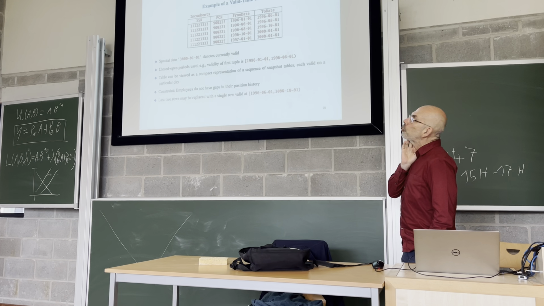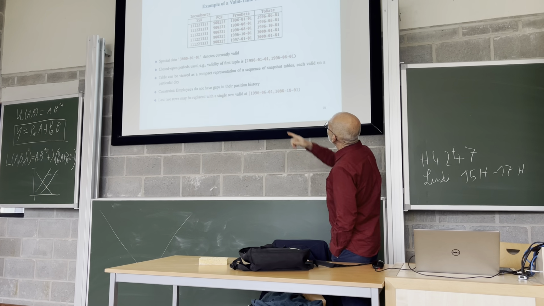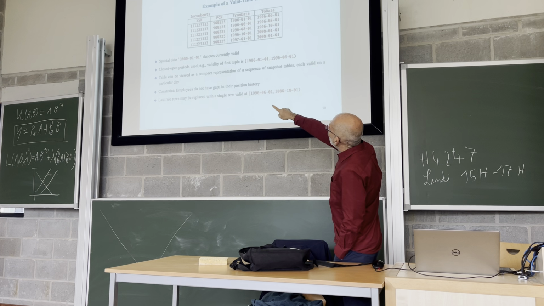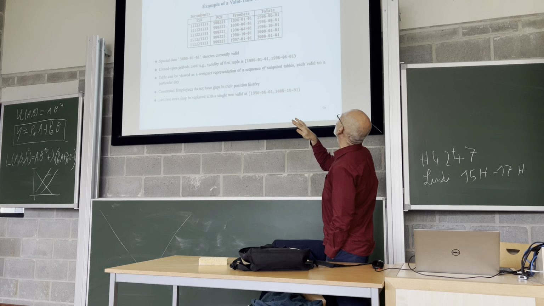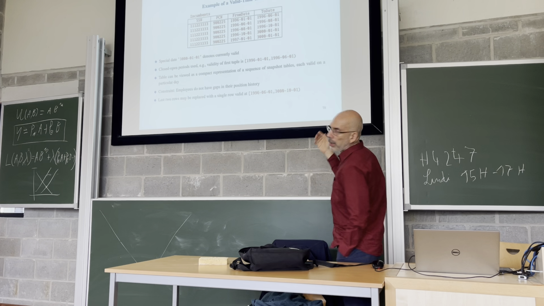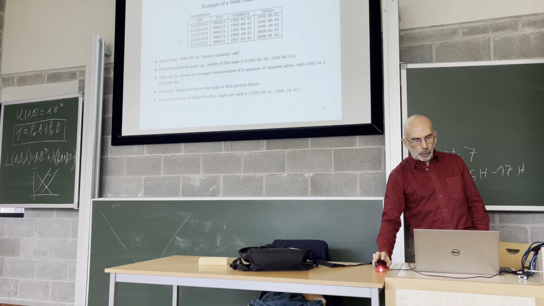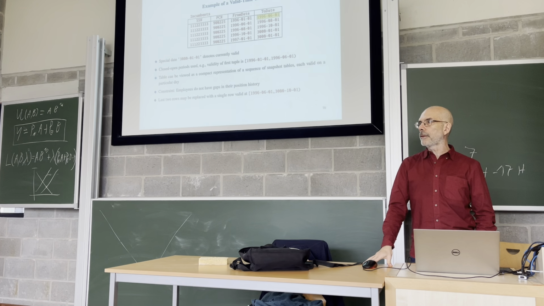Is this what we want? Let's try to analyze. First of all, look at this, that we use closed-open periods, so closed to the left and open to the right. So for example, we can say that this employee has this PCN from this date until the last millisecond before this date.